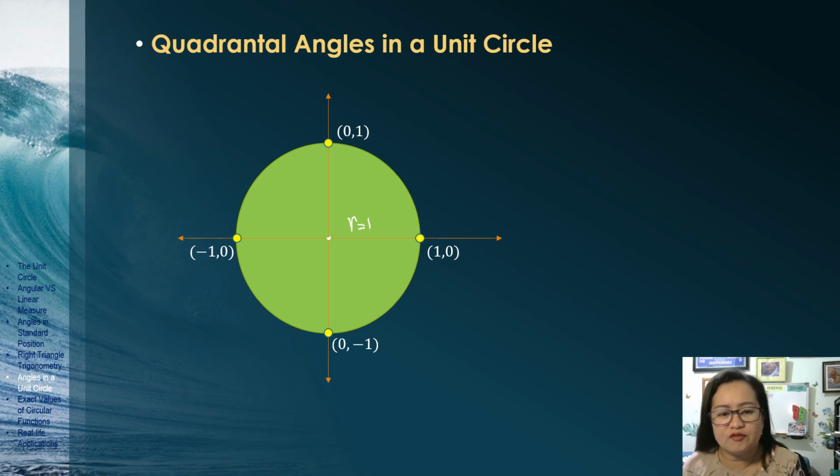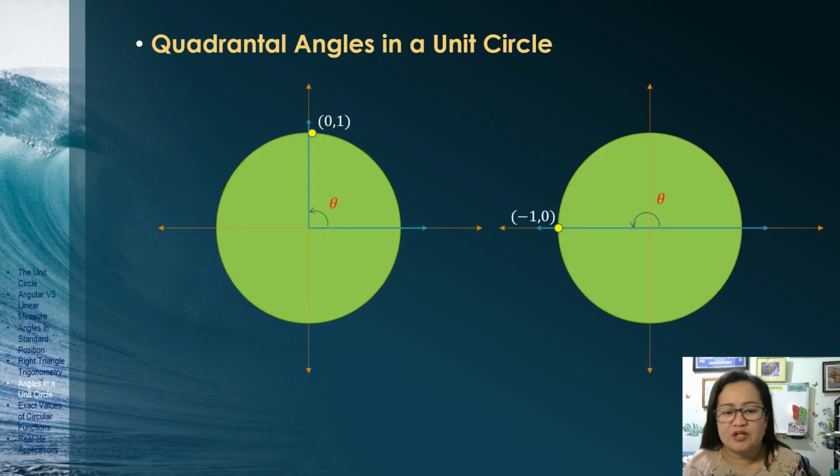Now what if we have the quadrantal angles, like, let's say we have this in a counterclockwise direction, so theta is equal to pi over 2. So let's say we have a 90-degree angle.